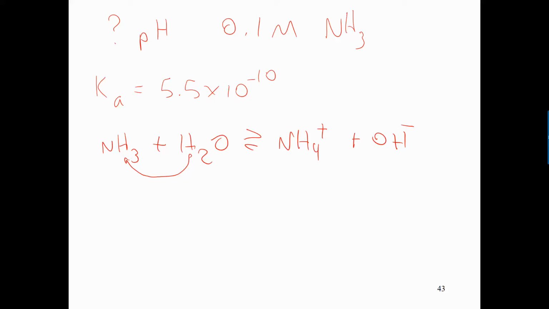So this is the general equation for the base: A minus plus H2O gives you HA plus OH minus. This equation would work every time too. It's essentially the opposite of the acid one, right? Here I'm going from A minus to HA, and in the acid one I was going from HA to A minus.